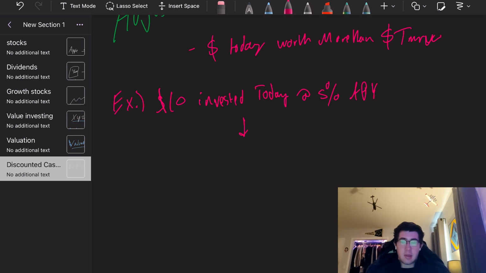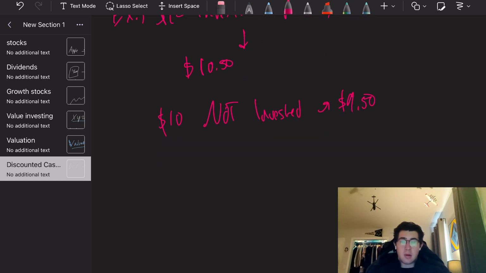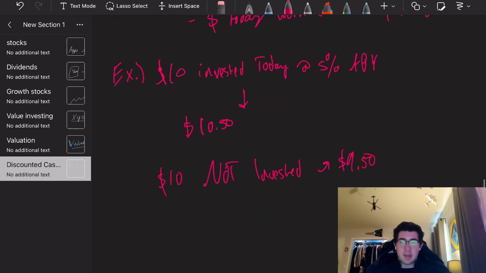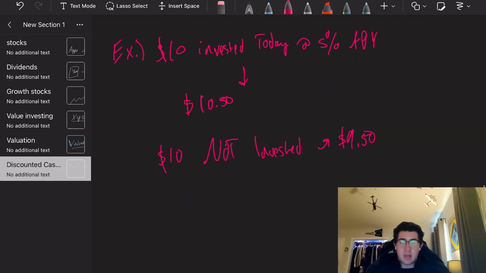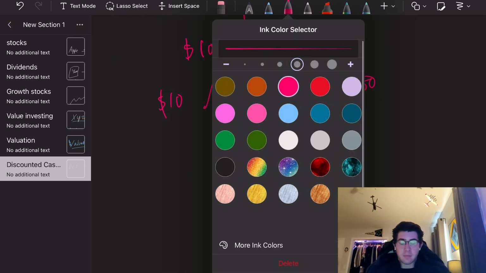So in 1 year, you'll have $10.50 versus if you didn't invest that $10, since it's not invested and it's not making anything, the value of the money will decrease over the next year. So this is essentially the whole idea of the time value of money. And what a DCF is, you take the cash flow and you discount it to adjust for the time value of money.